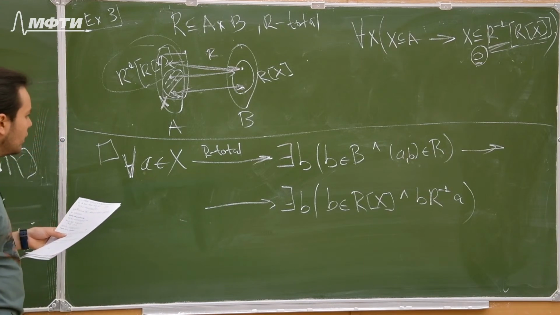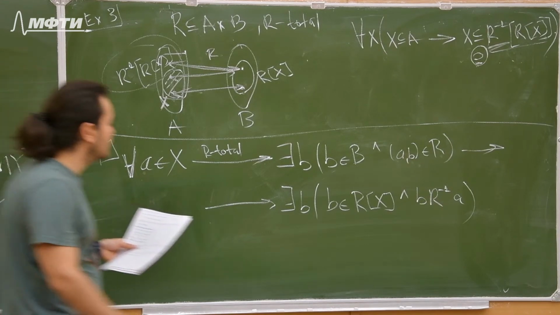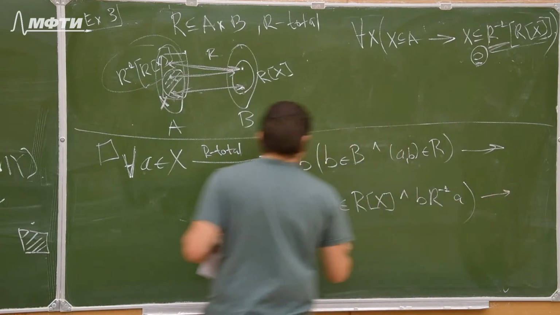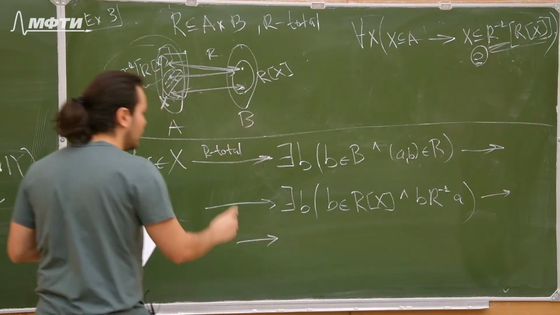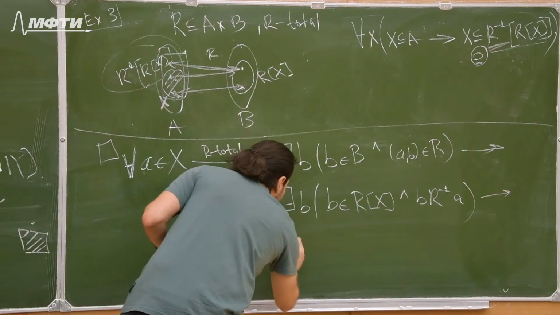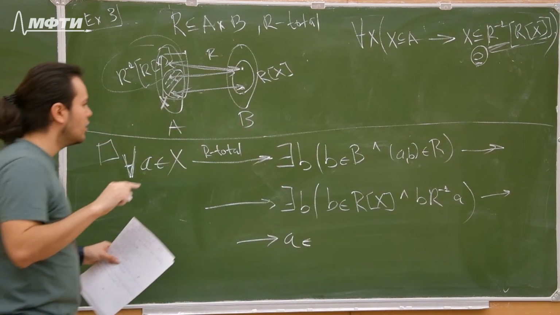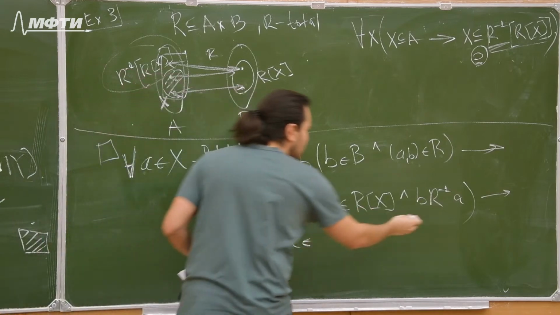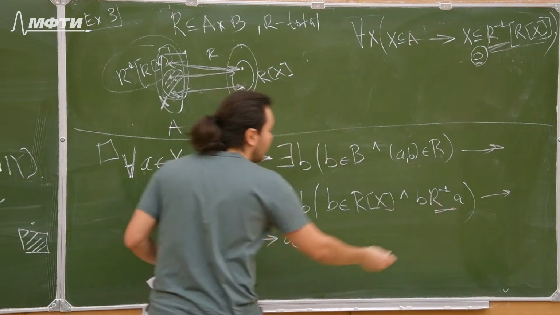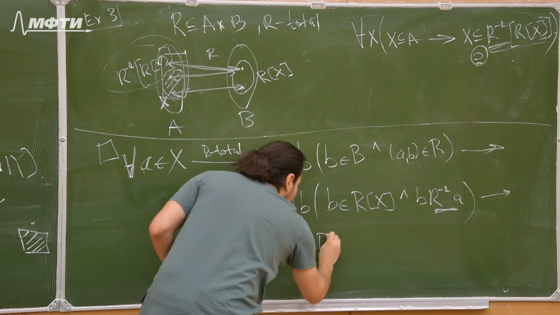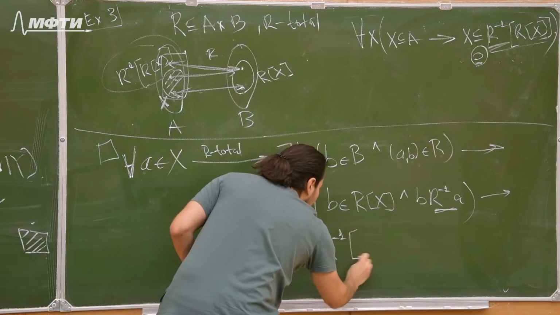And finally, what does it mean? It means that A is an element of the pre-image of what set?